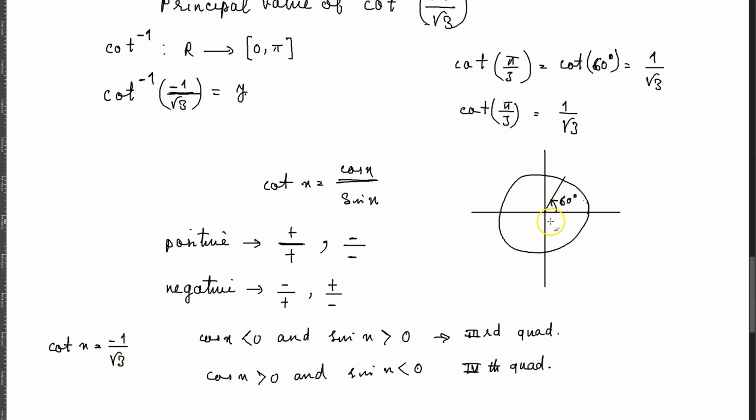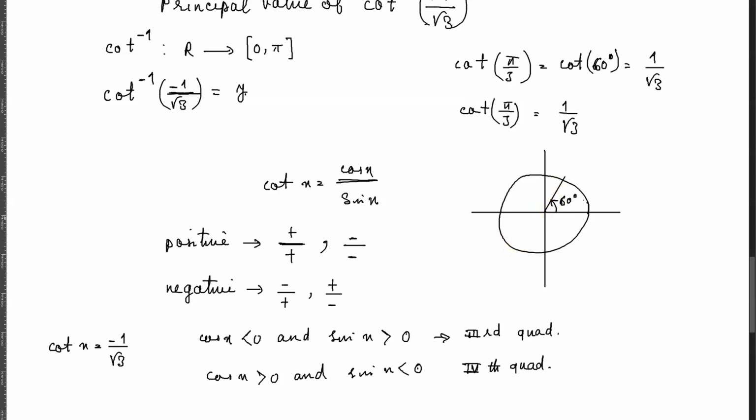Now, if I have some angle over here in the third quadrant, which is, for example, 180 degrees more than the angle that I have here.